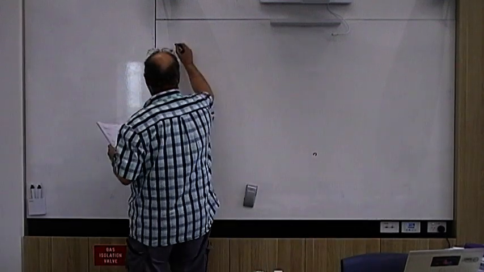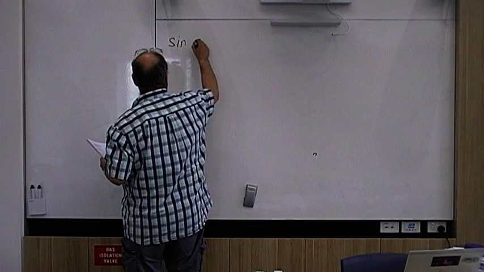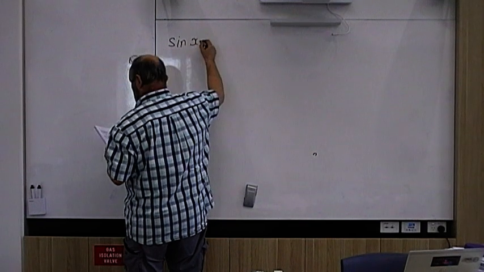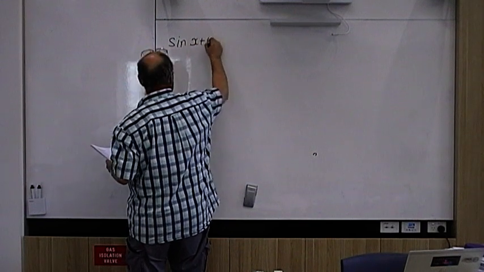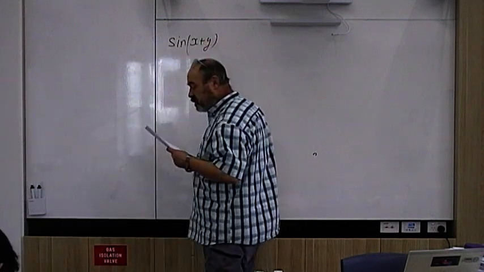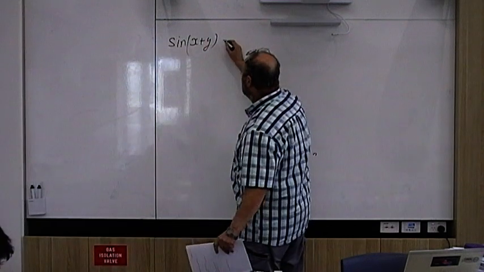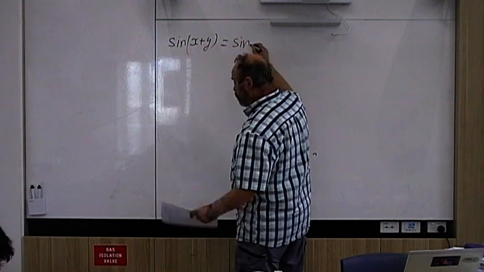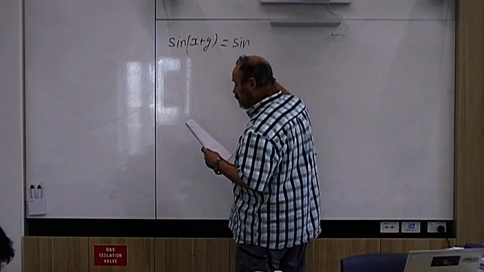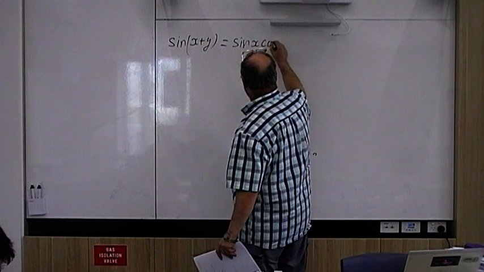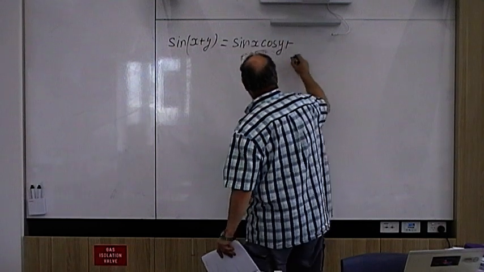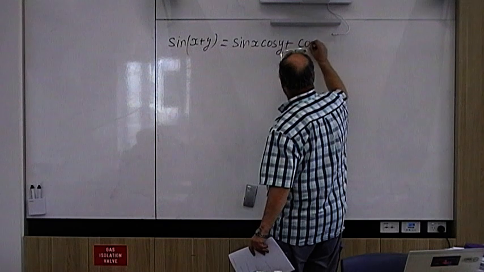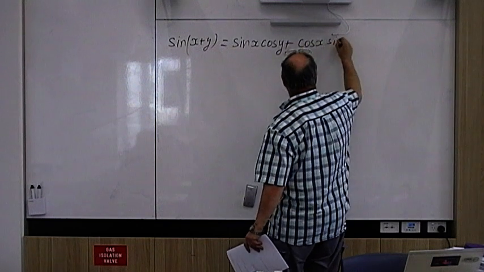Now, compound angles. When we have, let's say, sine of x plus y, two angles, sine of x plus y is equal to sine x cos y plus cos x sine y.